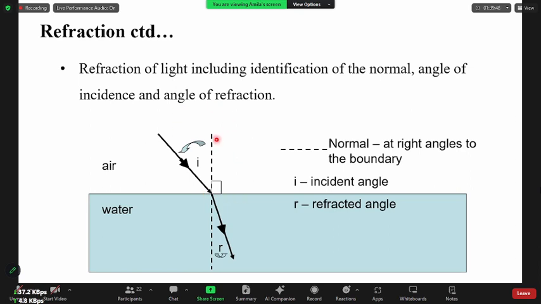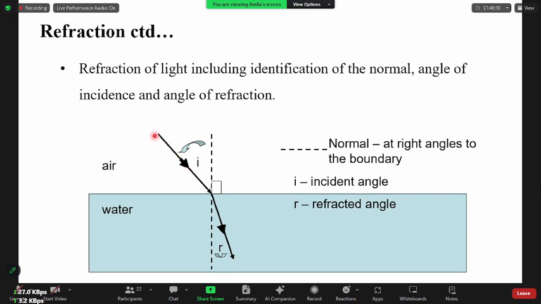Is this diagram clear? One thing you need to notice is the bend of the refracted ray.